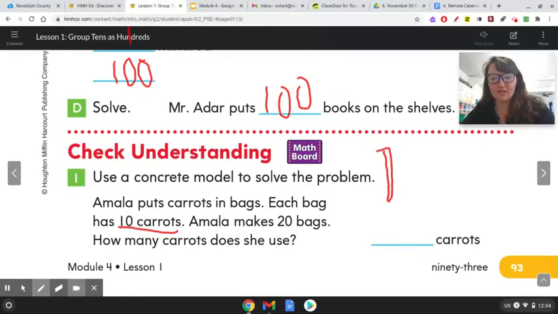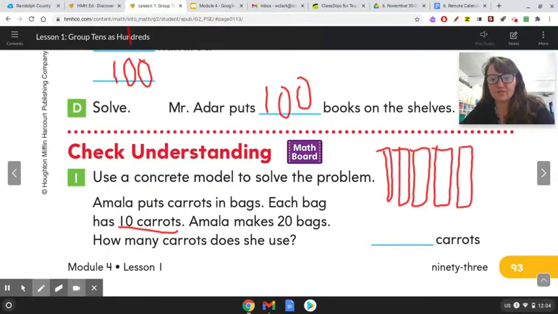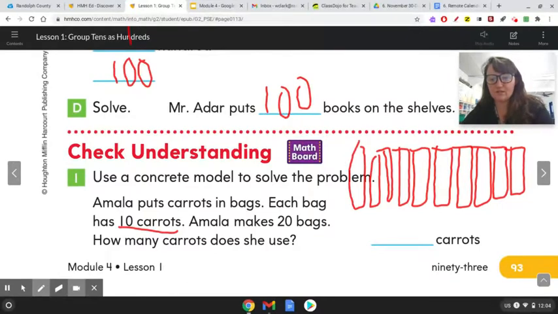So we've got 1 bag, 2 bags, 3 bags, 4 bags, 5, 6, 7, 8, 9, 10. Okay. So we already knew from the last problem that we've got 10 bags. Have we made it to 20 yet?